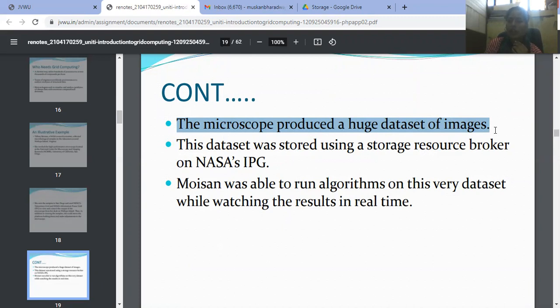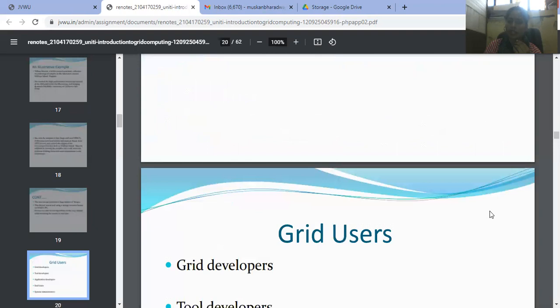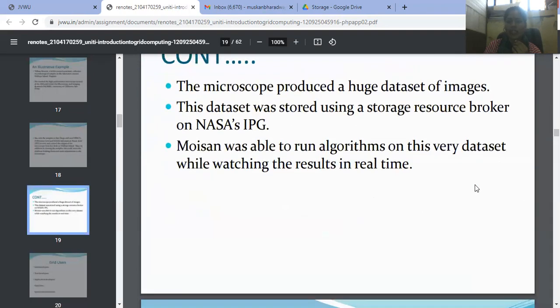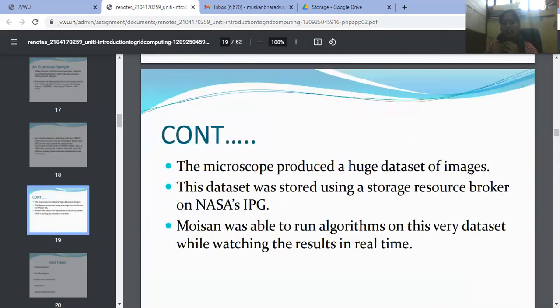After getting huge amounts of data sets, you can implement multiple algorithms to optimize them, isn't it? So she ran the algorithm on these big data sets while watching the results in real time. After viewing all these points, you can easily understand the basic benefits of all these things.